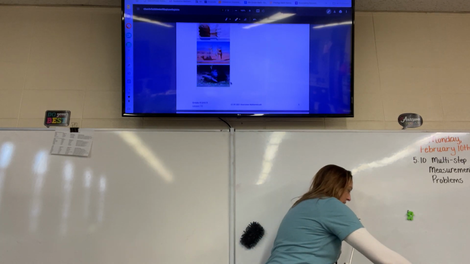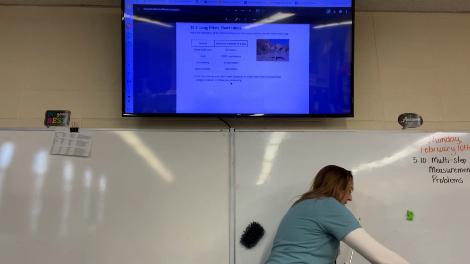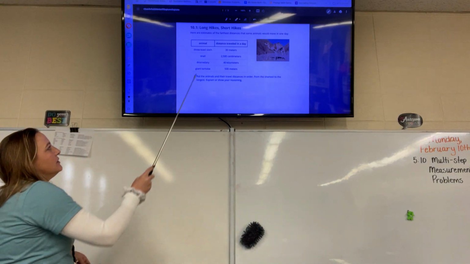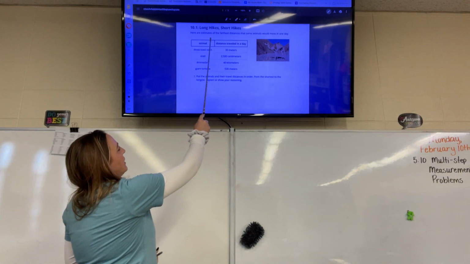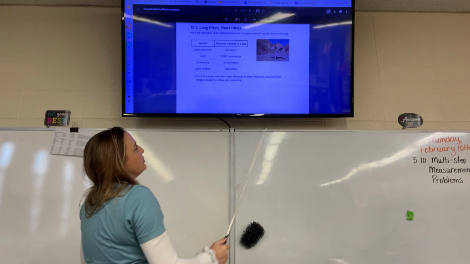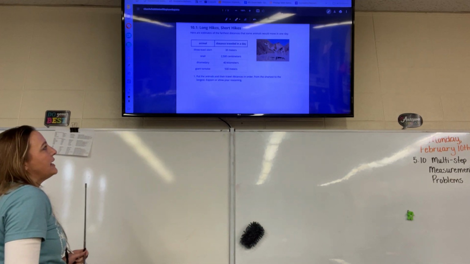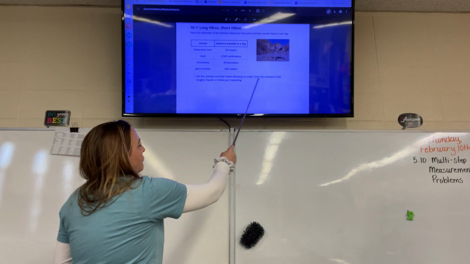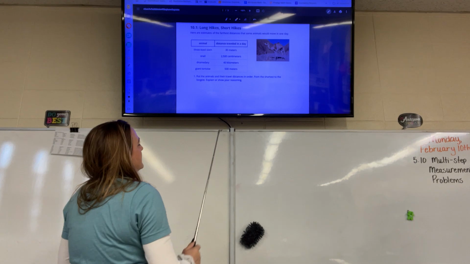We're gonna talk about these animals in more detail. Okay, so here are estimates of the farthest distances that some animals would move in one day. Put the animals and their travel distances in order from the shortest to the longest.